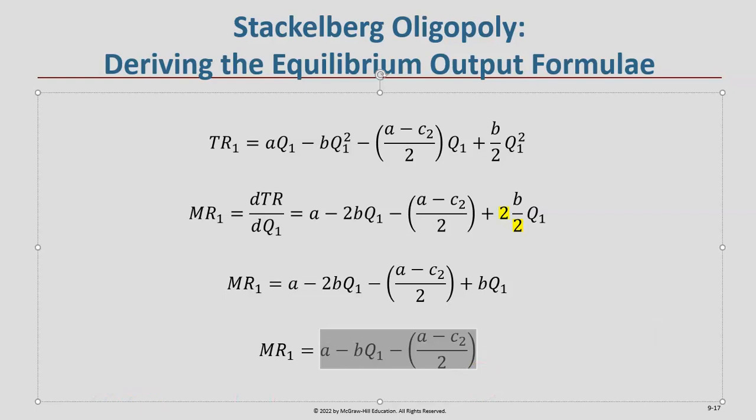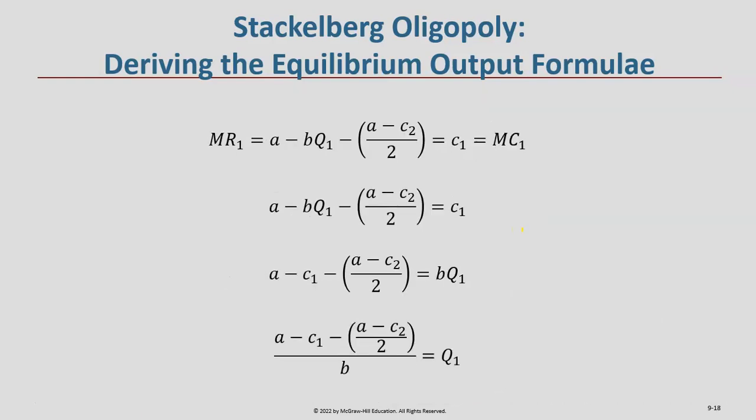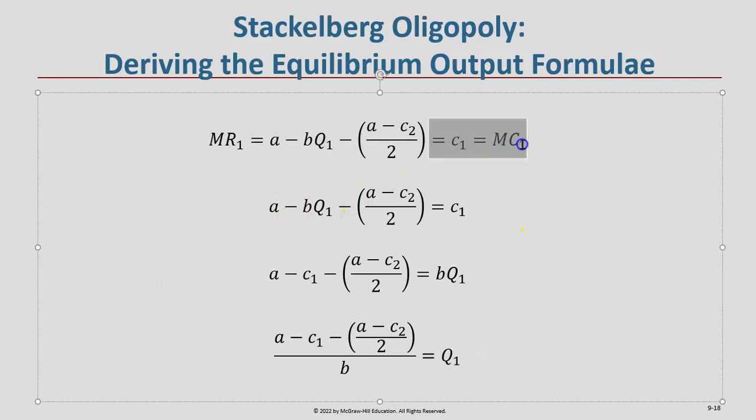Okay, so now we can set marginal revenue equal to marginal cost and solve for Q1. In this second line, I've just gotten rid of the marginal revenue, marginal cost. In the third line, I've added B times Q1 to both sides of the equation, so we remove it from the left-hand side and add it to the right-hand side.